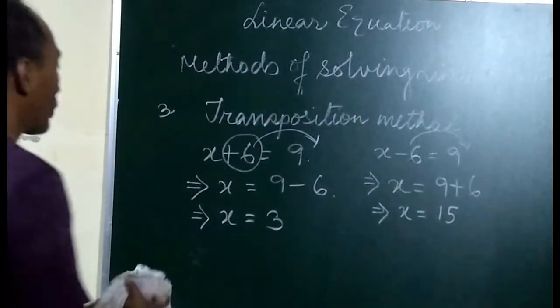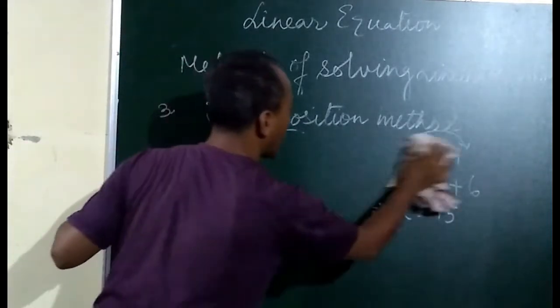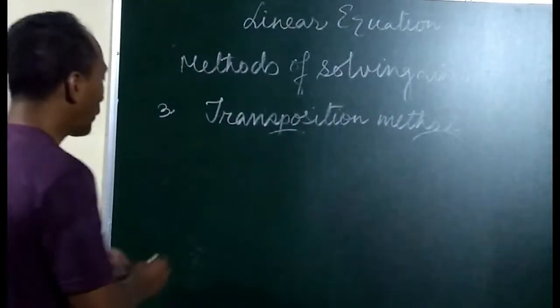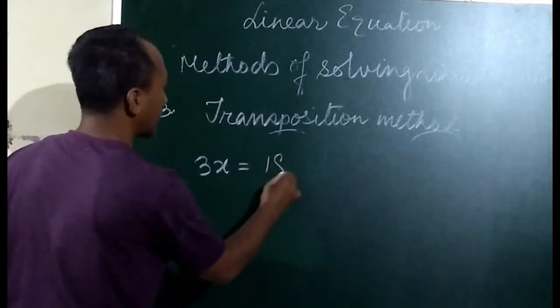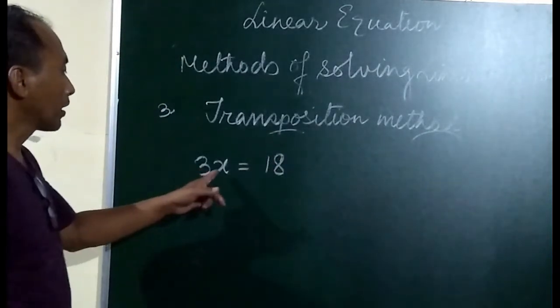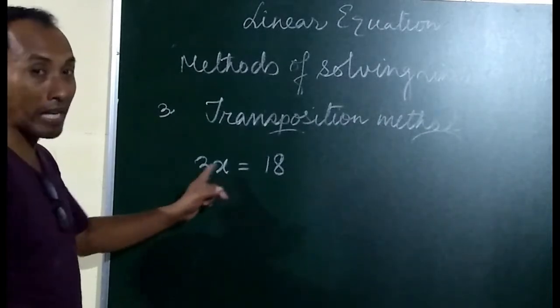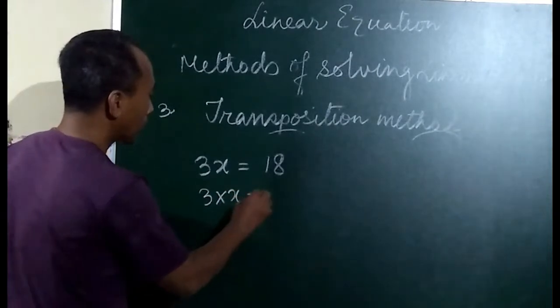I will show you another example here for the transposition method. Another two examples I'll show you here. If you have 3x equals 18, here the constant term and the variable are multiplying. So multiplying changes into divide.